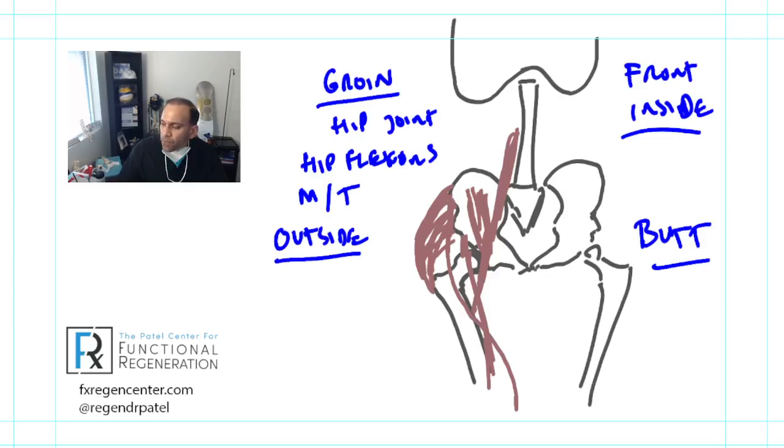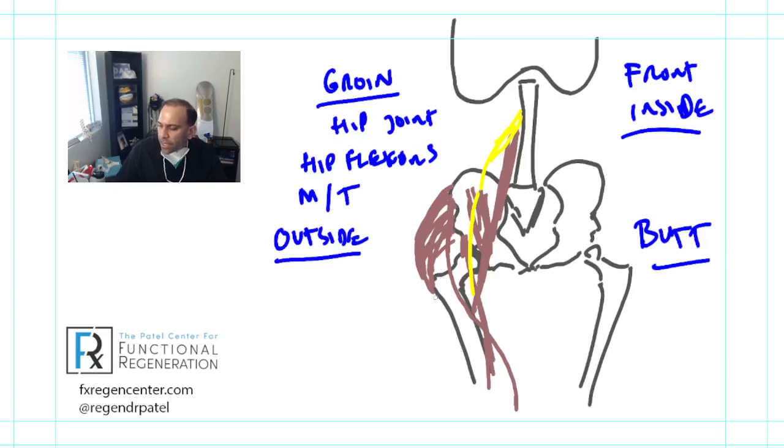And then finally, we have nerves that come from the low back region. From the upper area of the low back, we have nerves that cause pain to radiate into this region as well. So whether it's pinched nerves in the low back or nerve irritation in other areas of the hip, all can cause symptoms in the front groin.